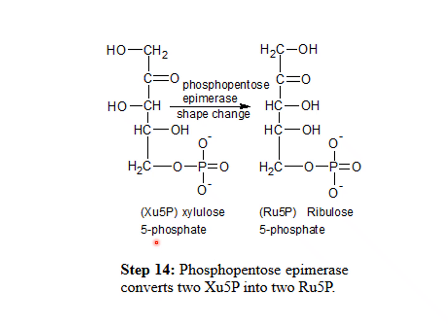So you can see here, ribose got converted into Ru5P. Now the second molecule, xylulose 5-phosphate, is also getting converted into Ru5P. Okay, so phosphopentose epimerase converts 2 molecules of Xu5P, xylulose 5-phosphate, into 2 molecules of ribulose 5-phosphate.